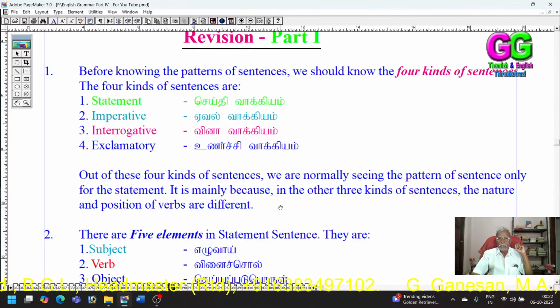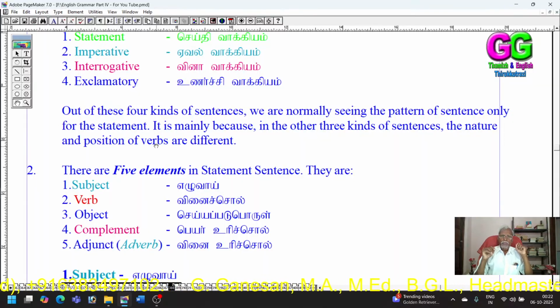It is mainly because in the other three kinds of sentences, imperative, interrogative, and exclamatory, the nature and position of verbs are different.